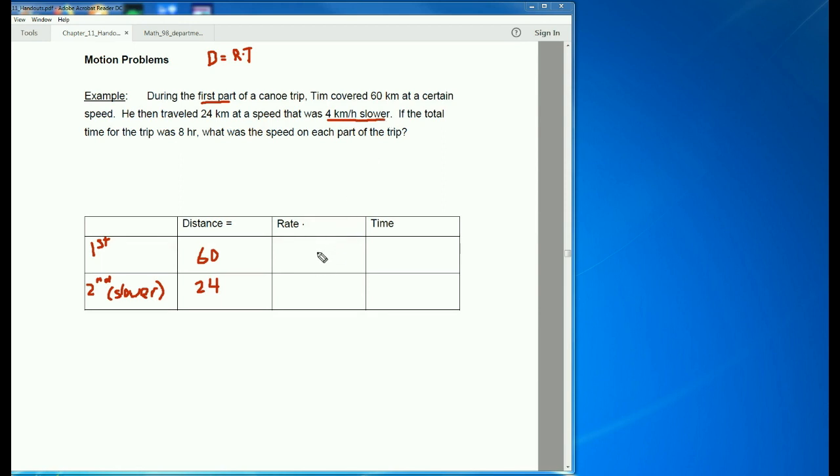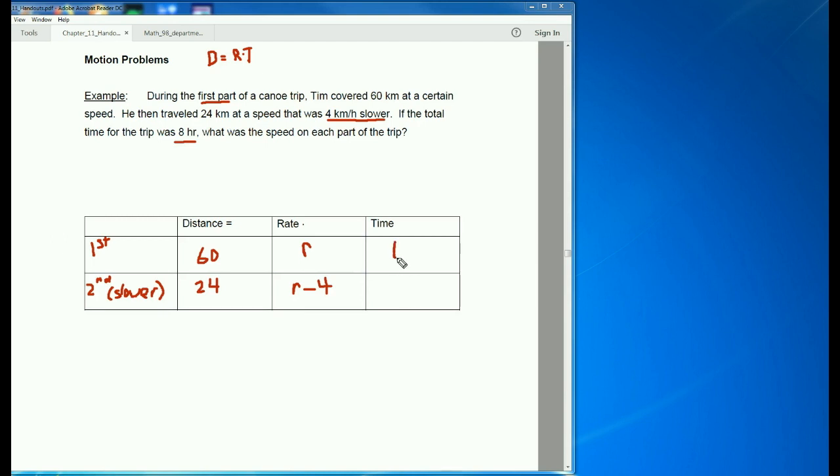Okay, so we don't know either of these speeds, but we know something. We know that this was 4 less than this. So if we call this R, then this is R minus 4. If the total time for the trip was 8 hours, again, I don't know the individual times for either part, but I know that together they make 8 hours.